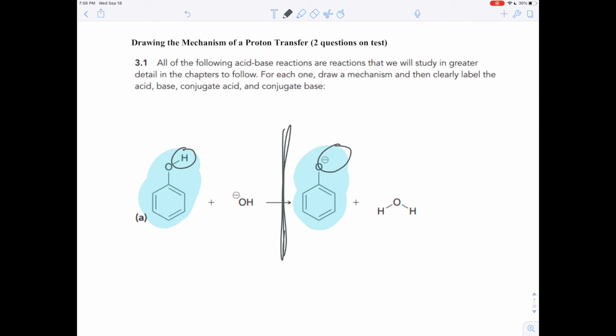So this has a hydrogen, and this one does not have that hydrogen. And so what ended up happening is this molecule on the left must have given the hydrogen away.